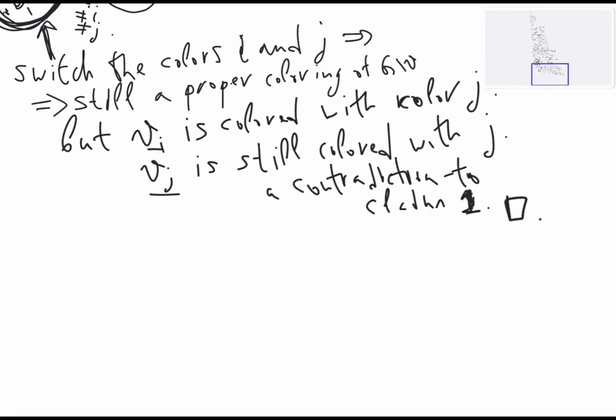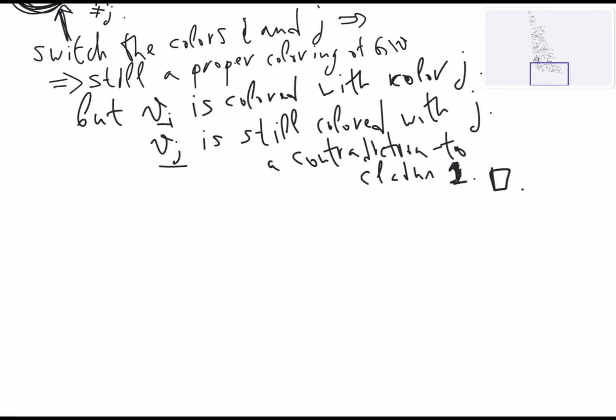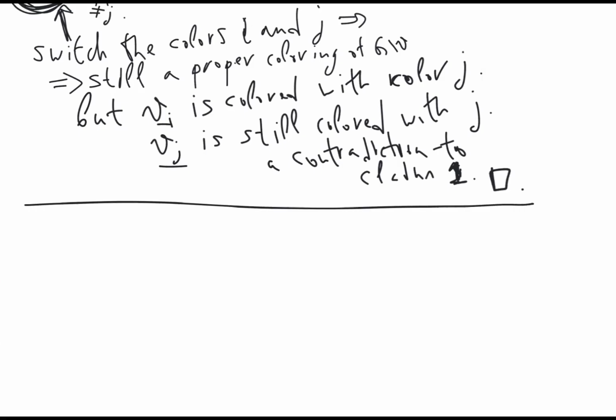Okay, so now we define this Cij, and now claim 3. Claim 3, or we could call it a lemma instead of a claim, but it doesn't matter.